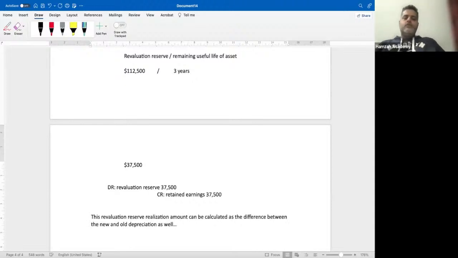This revaluation reserve realization amount can be calculated as the difference between the old and the new depreciation as well, right?